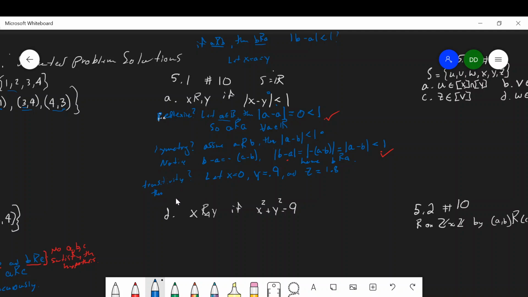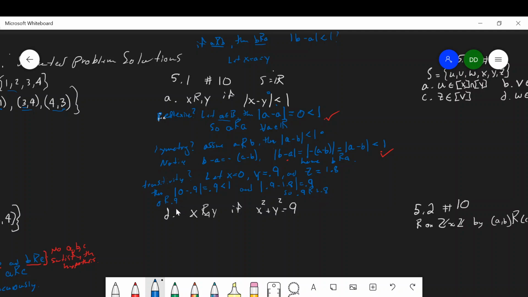Then the distance between 0 and 0.9 is 0.9, which is less than 1. So 0 is related to 0.9. And the distance between 0.9 and 1.8 is also 0.9. So 0.9 is related to 1.8.